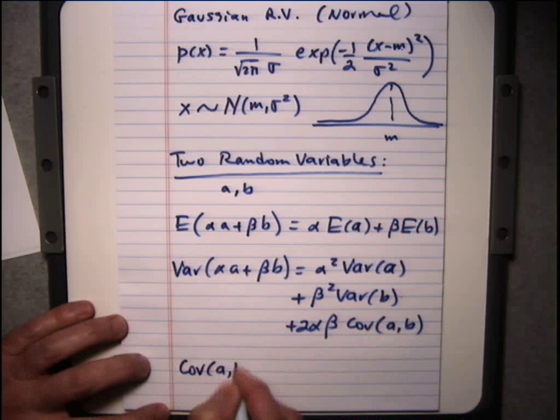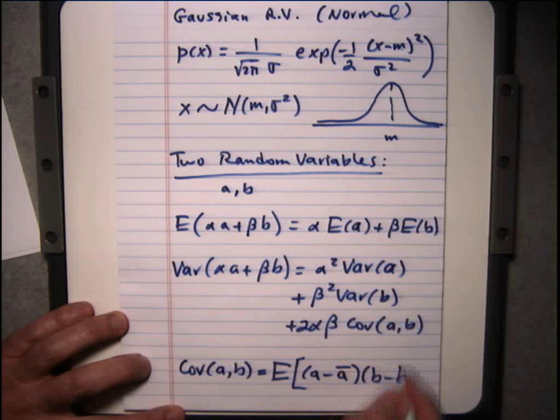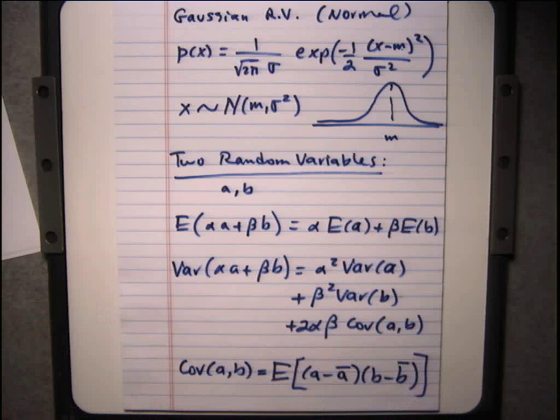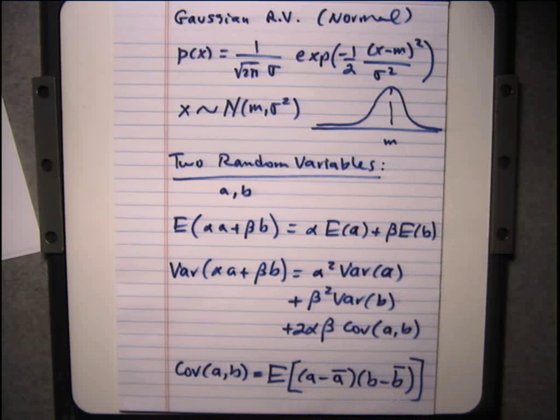Covariance of A and B is equal to the expected value of A minus A bar times B minus B bar, where A bar and B bar are the means of the respective random variables A and B. Okay? So it's like the variance, except that it's not the same variable inside here. It's A and B, and so that's why it's called the covariance.